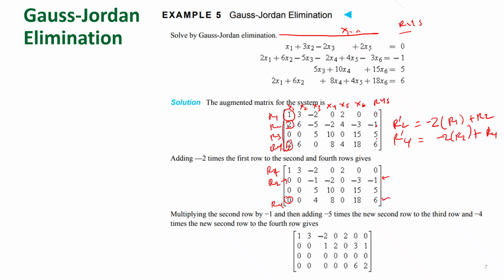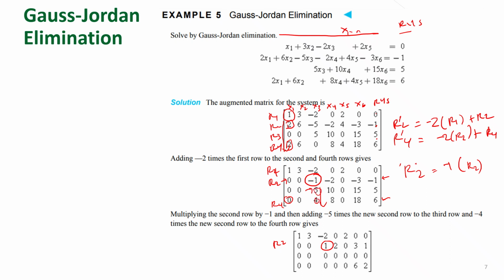Okay, next you want to make this one become the leading one. So the new row 2 will be equal to -1 multiplied by the original row 2. So you have here the new row 2. And then you already have this one become 1, and this would be 0, right?